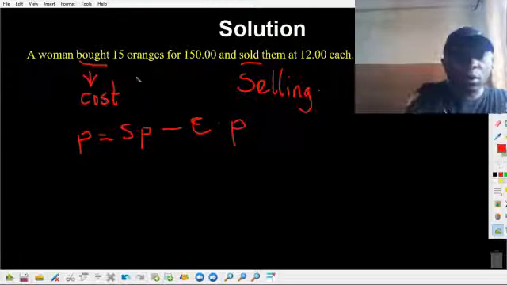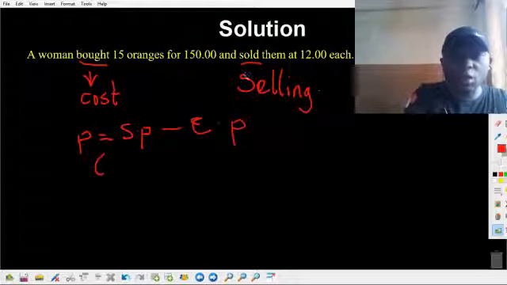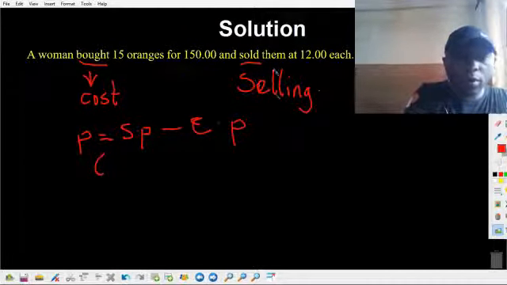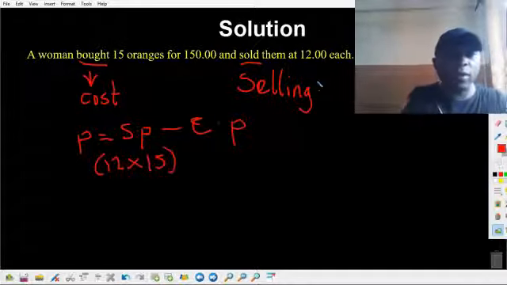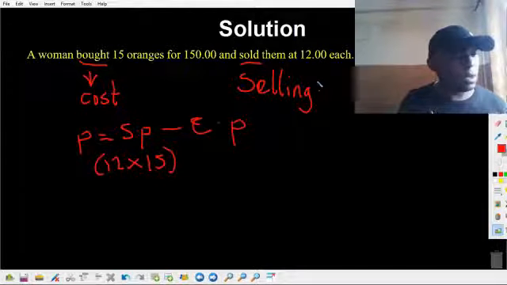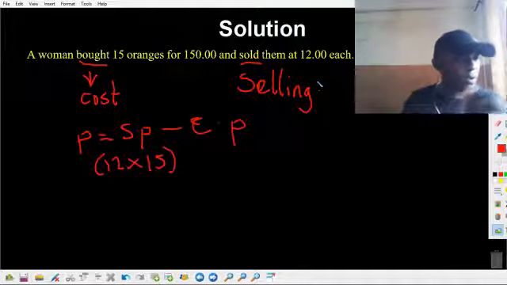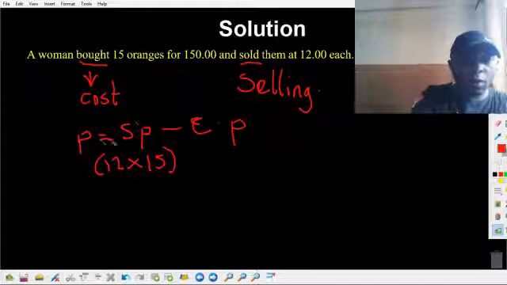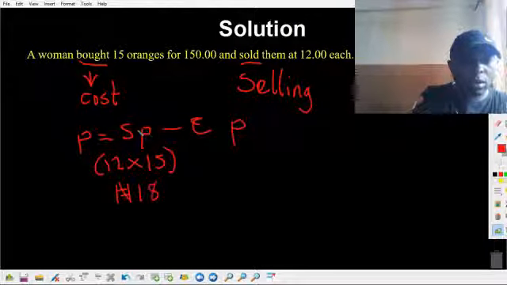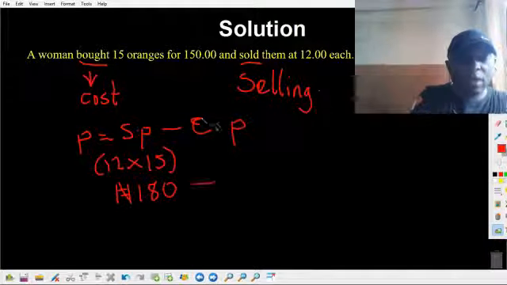Knowing that the cost of one orange is 12 naira, multiplied by the number of oranges that we have there, and that is 15. 12 times 15 will give us 180. We are going to have 180 naira as our selling price minus the cost price.